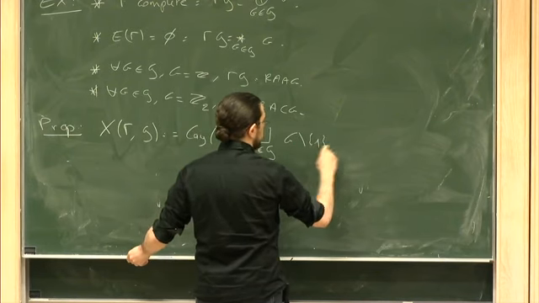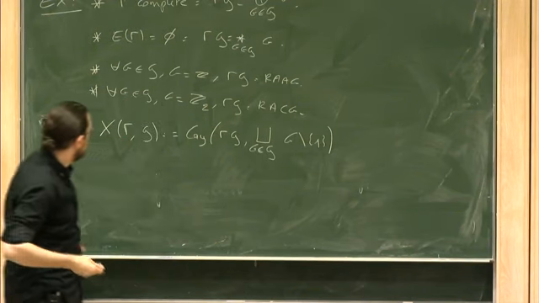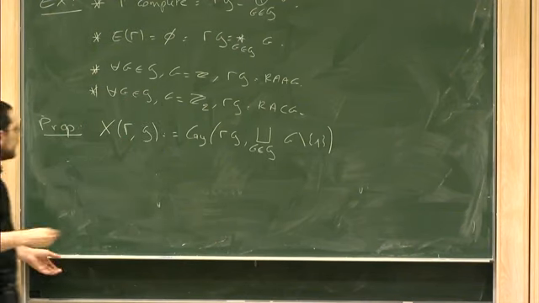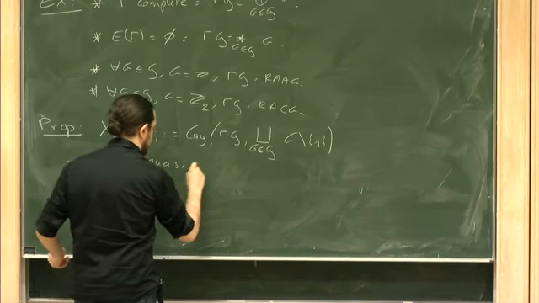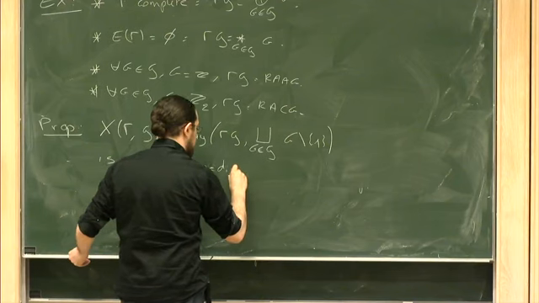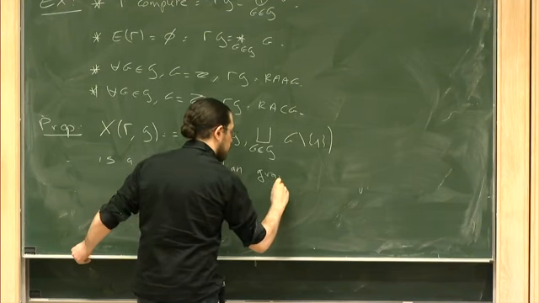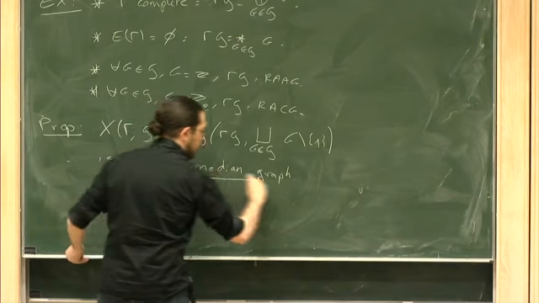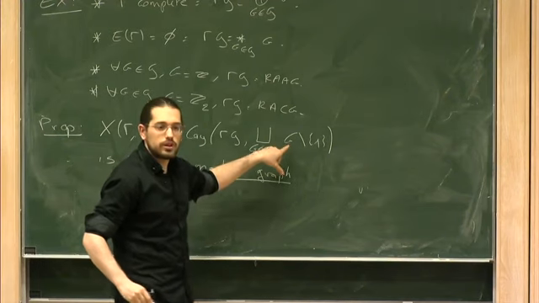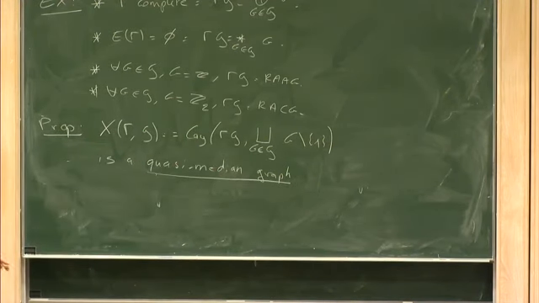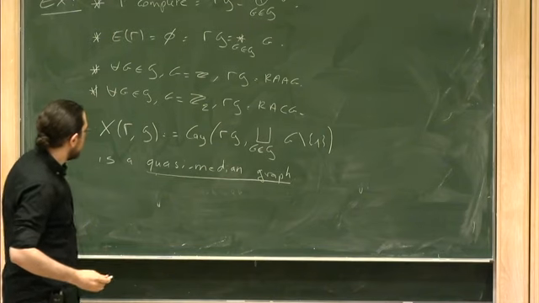Okay, and I remove the identity to avoid loops in the graph. Okay, so this Cayley graph is quasi-median. Okay, so here my generating set, of course, in general, will be infinite. Okay, but it's not really important here.